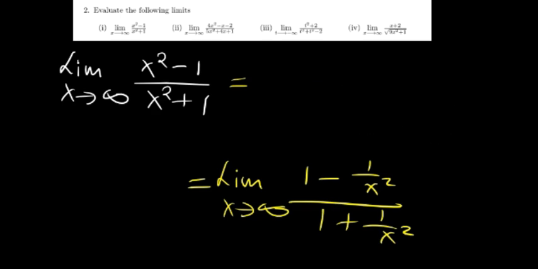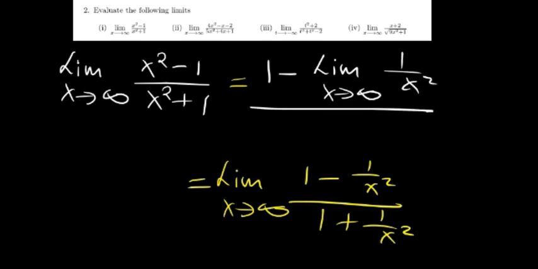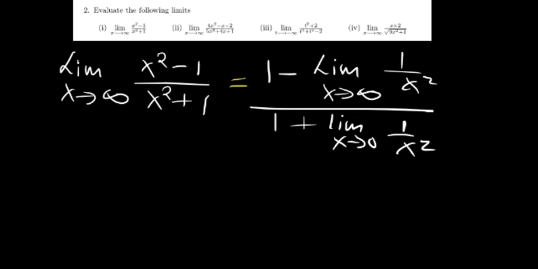So you remain with 1 minus the limit of 1 over x squared, over 1 plus the limit as x approaches infinity of 1 over x squared. I told you that if you have 1 over x and x is approaching infinity, not 0, you understand that they're all going to be equal to 0. So you're going to have (1 minus 0) over (1 plus 0).